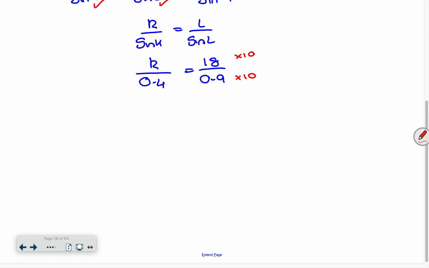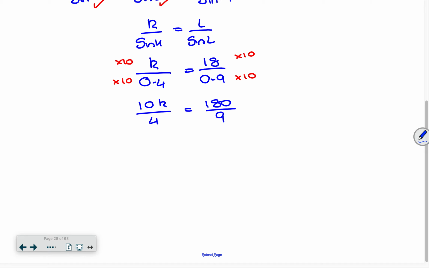As long as you do the same to top and bottom and the same to both sides, the equation is still balanced. This just has the effect of getting rid of the decimals and making it slightly easier to work with. So let's do that. So that's going to be 10k over 4 is equal to 180 over 9.